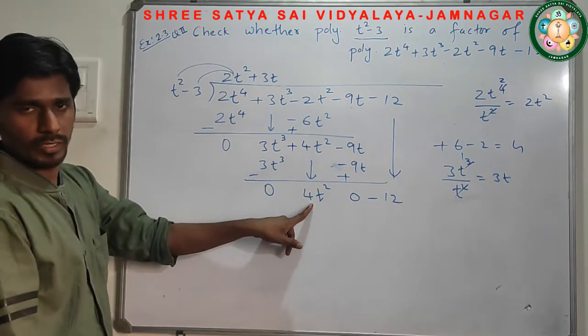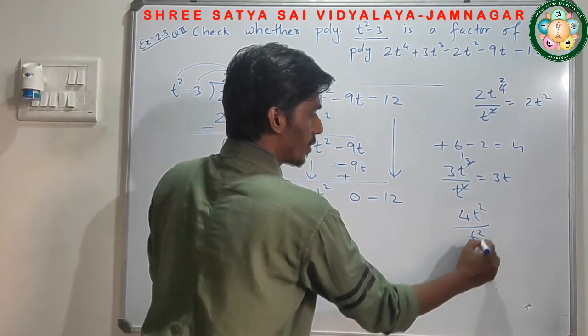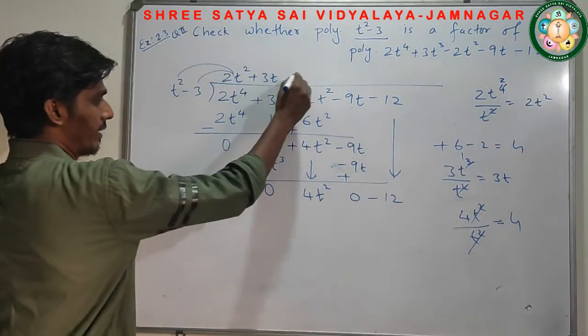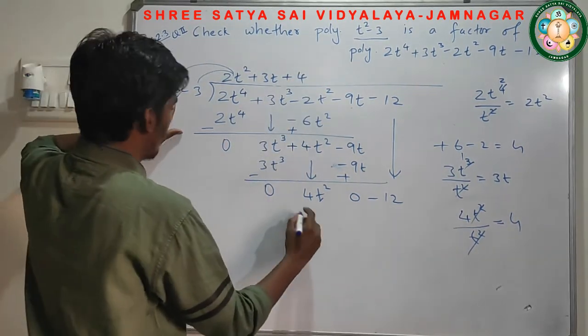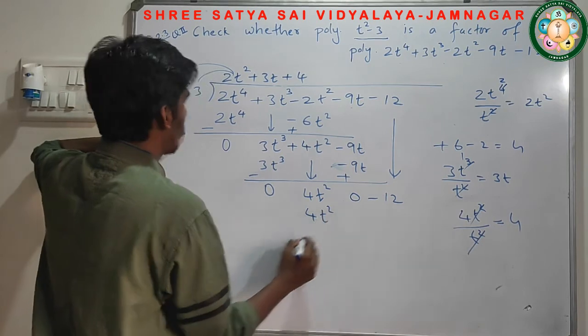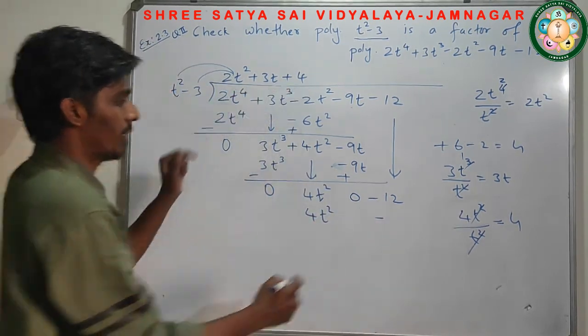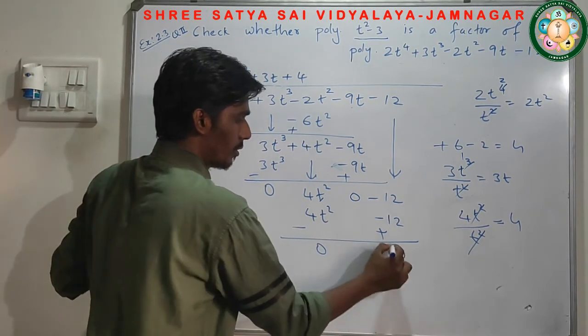Now what is the first term of this? It's 4t square upon t square. T square cancel. What is remaining here? Plus 4. So I write here plus 4. T square into 4, it's 4t square. Minus 3 into 4, 3 4s are 12. It's minus, it's plus, 0 0.